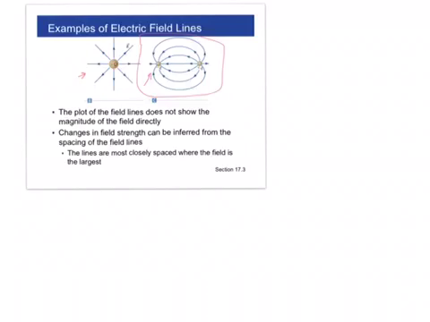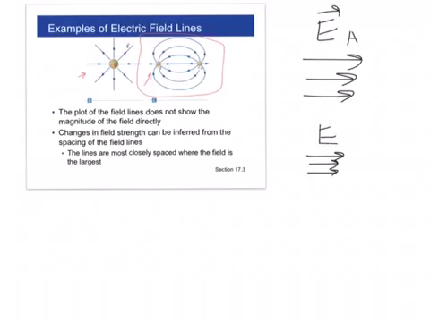So if I would have a picture like that, or a picture like that, next to each other, you can say that electric field A on top is going to be weaker than electric field B. So electric field B is stronger than electric field at point A because there are more lines. The lines are denser here than here.